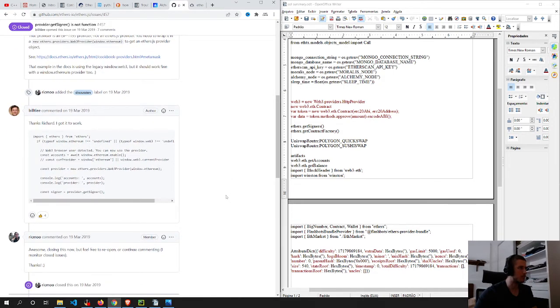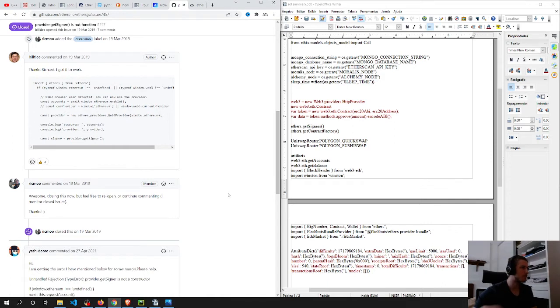The first one. So either the provider is gonna be an endpoint like RPC, like Infura or Alchemy, or it's gonna be the window.ethereum, which is a wallet in the browser.